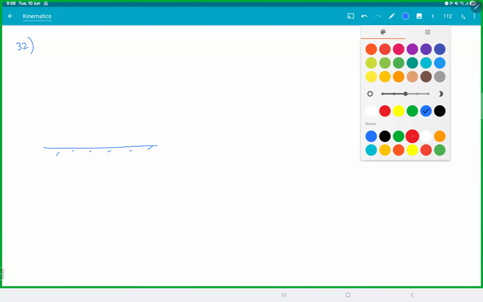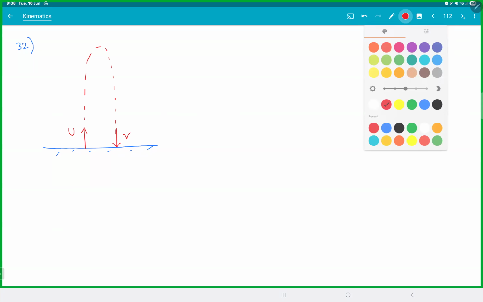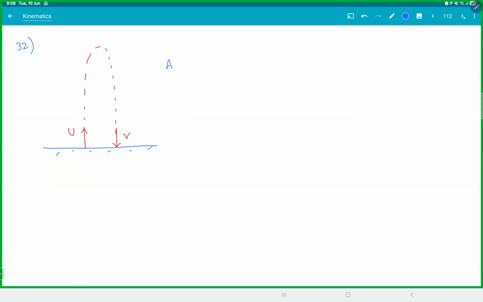So we have a particle here which is projected with speed u. It goes up and it comes down with speed v. And there is an air resistance. The force is given by F is equal to minus b v bar. The minus indicates force is opposite to velocity.